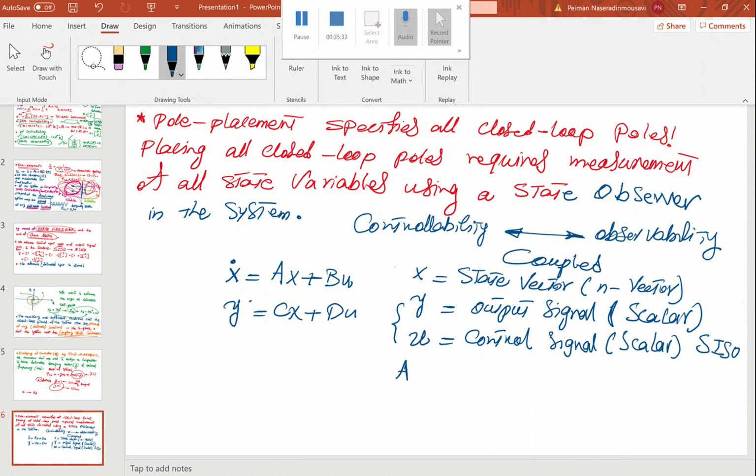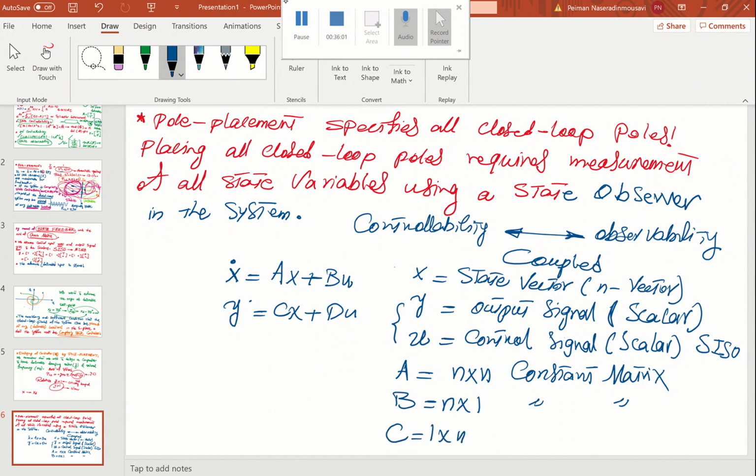A is n by n for an nth order system, a constant matrix because this is linear time invariant. B is n by 1, also a constant matrix. C is 1 by n, again a constant matrix.